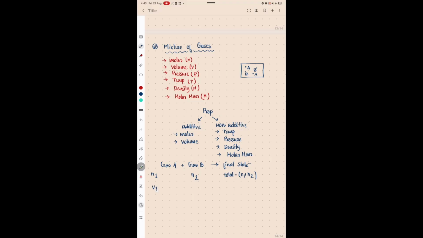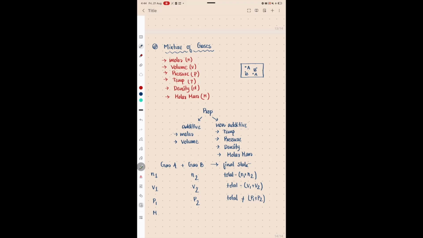Gas A of volume V1, gas B of volume V2 are mixed, total volume will be V1 plus V2. Gas A of pressure P1, gas B of pressure P2 are mixed, so total pressure will not be equal to P1 plus P2 because these are not additive properties.